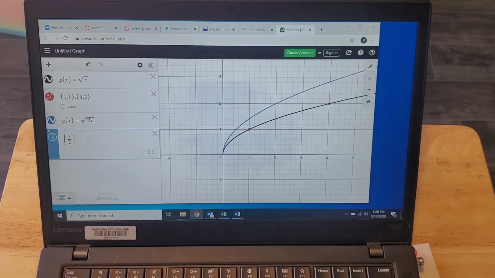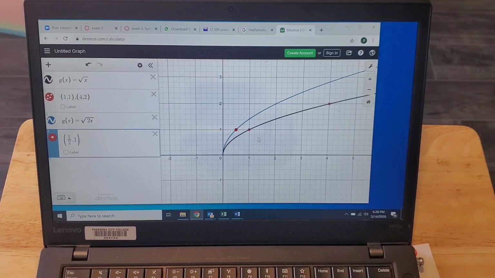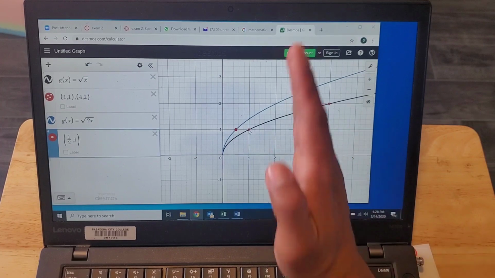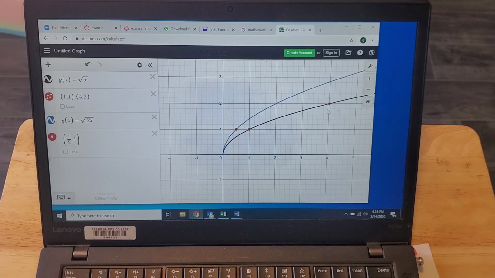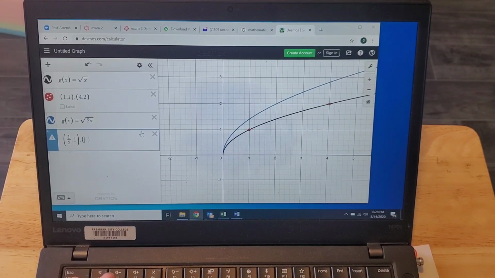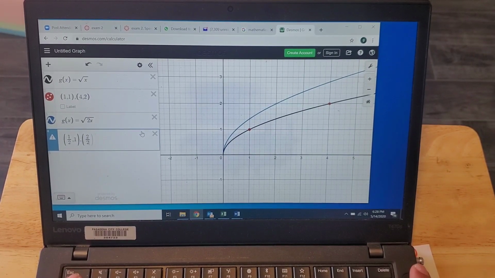So that point becomes 1 and 1/2, and you can see how it's getting shifted over if you were to push it. Same thing with this one. We have 4, 2. So for the x coordinate, same thing: it's going to take this 2 and divide it. So let's look. 4 divided by 2 is 2. And that y is still exactly the same.